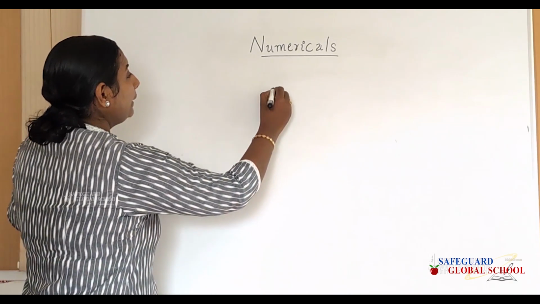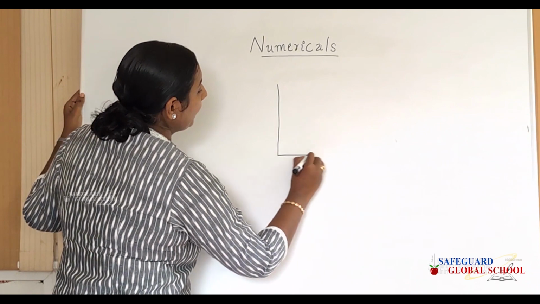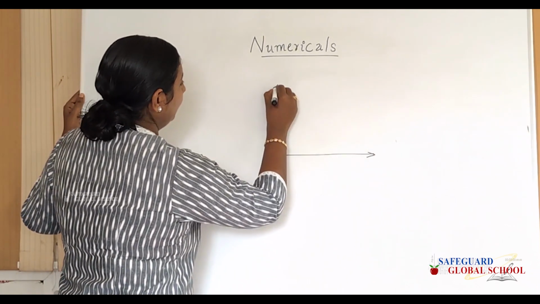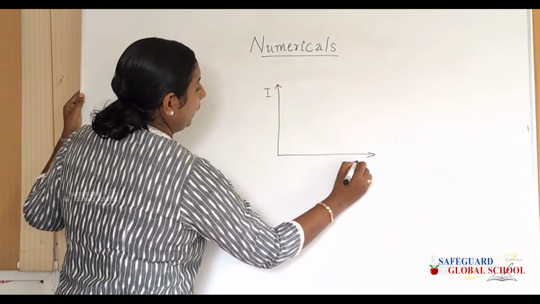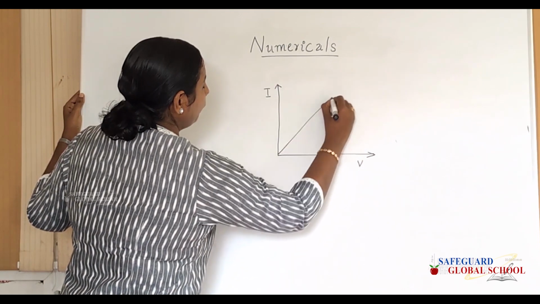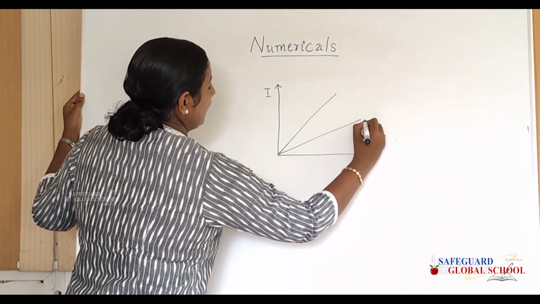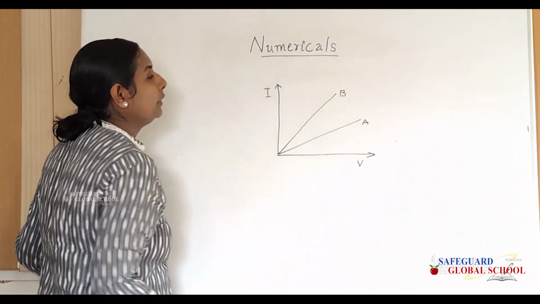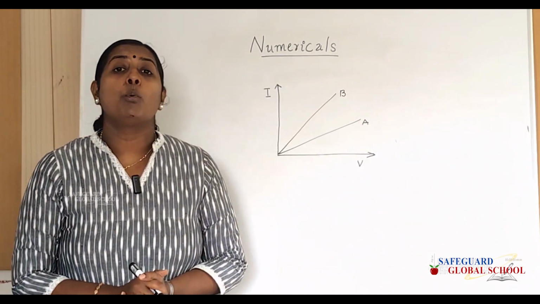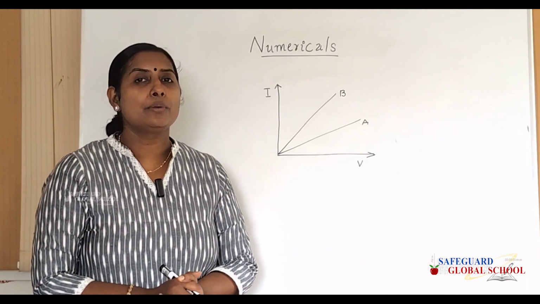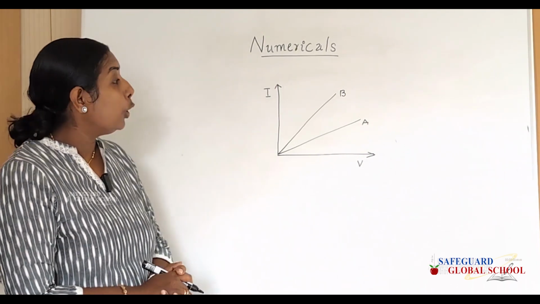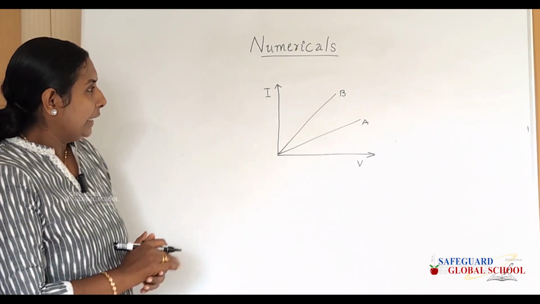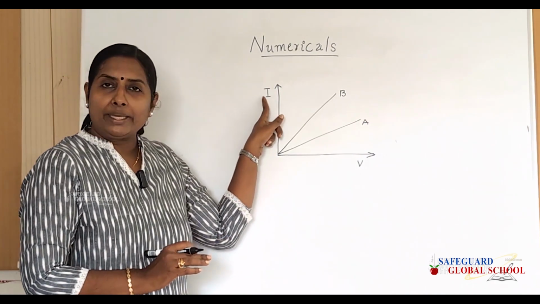So there is an IV graph given here, of two metals, or two conductors, one is A, one is B. Which is having more resistance? That is the question. So look, what is plotted on the y-axis?